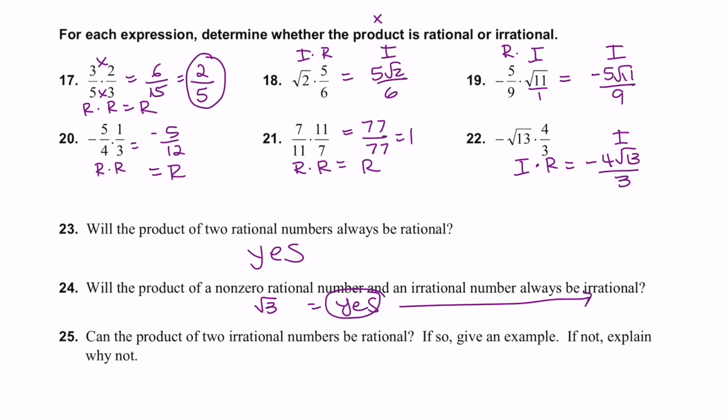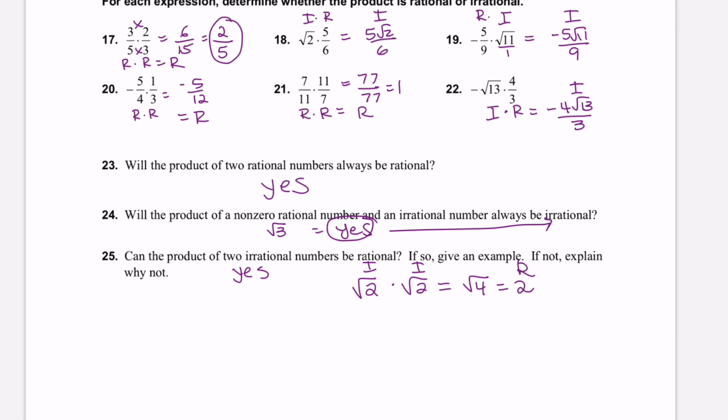Can the product of two irrational numbers be rational? So yes, it can be. And let me show you an example. If I have the square root of 2, which is irrational, times the square root of 2, which is irrational, that would equal the square root of 4, which is 2, which is rational. So you can have two irrational numbers that end up with a rational number at the end.